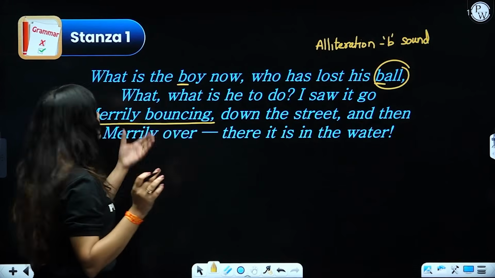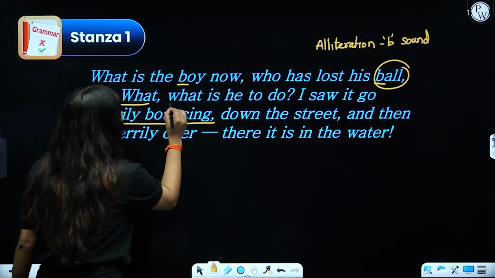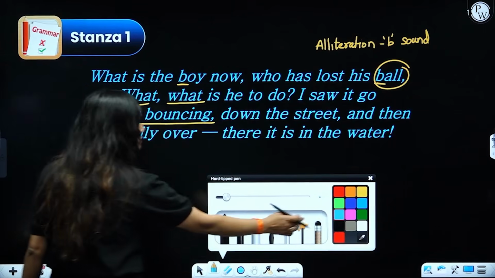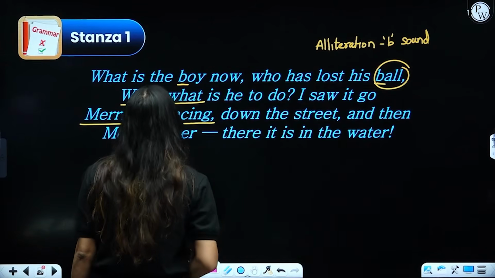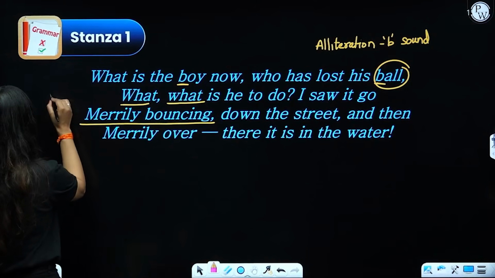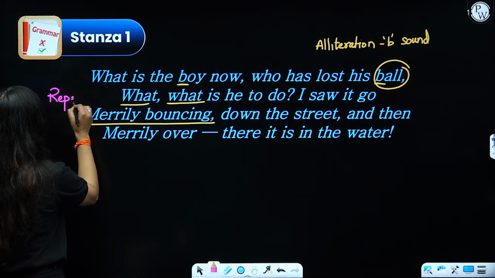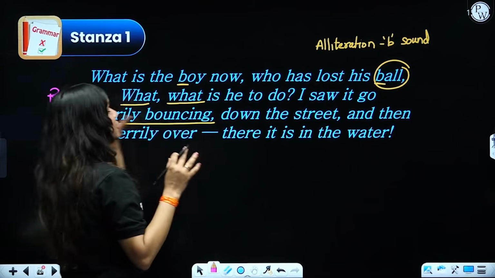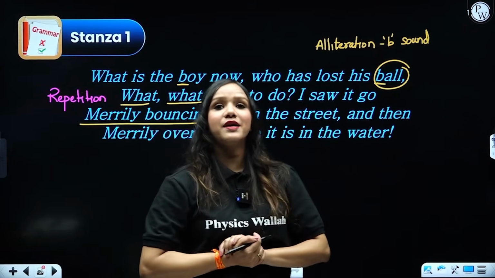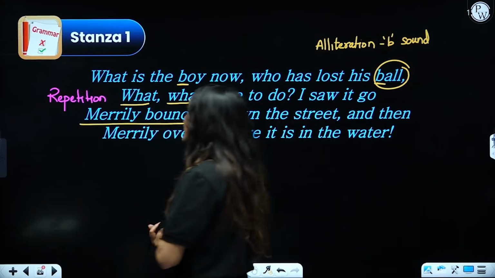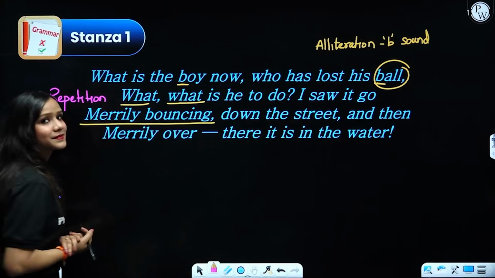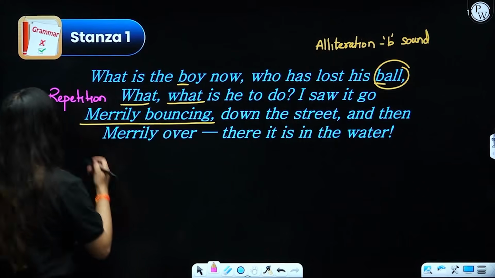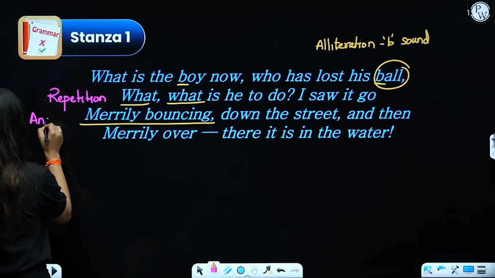Got it? Then you see what? These two words are getting repeated. So there is another literary device which we call repetition. And in these two words, another literary device that we have used here is what? Any guesses? It's anaphora, right?